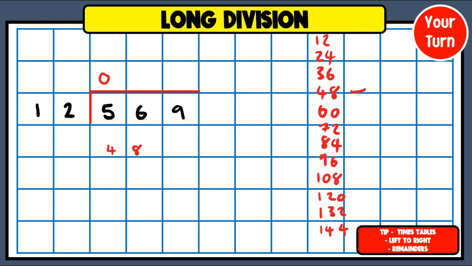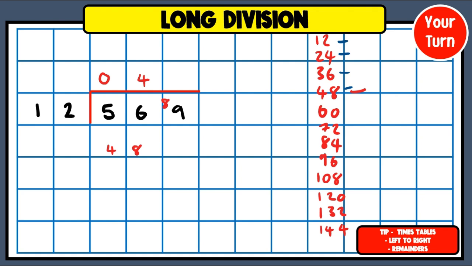How many times does 12 go into 48? Let's have a look. We've got 1, 2, 3, 4. So my answer is 4. Now let's find what our remainder is. 48 add what is 56? Well, 48 add 8 is 56. So I've got a remainder of 8. I'll just put that there.